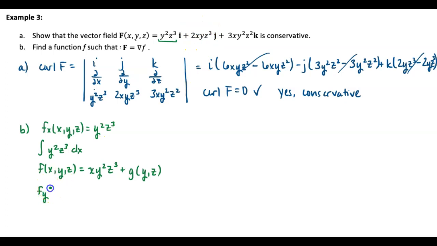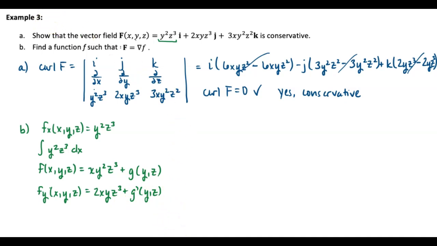So the derivative with respect to y of f(x, y, z) is equal to, well, this is going to be 2 times xyz cubed plus, and this derivative is just going to look like a g prime of y and z. We're just taking the derivative with respect to y.